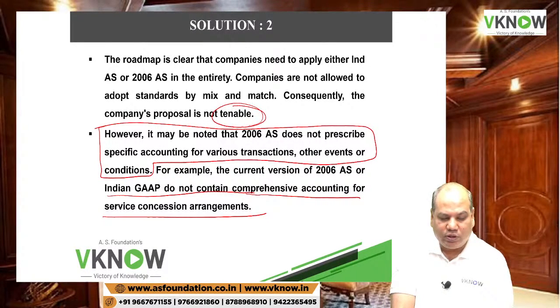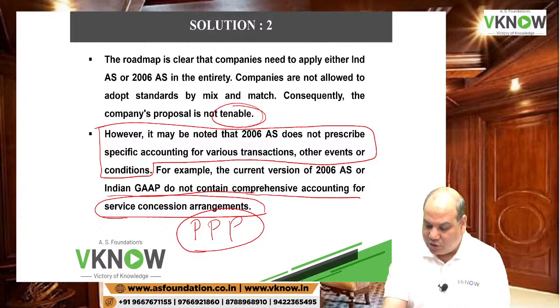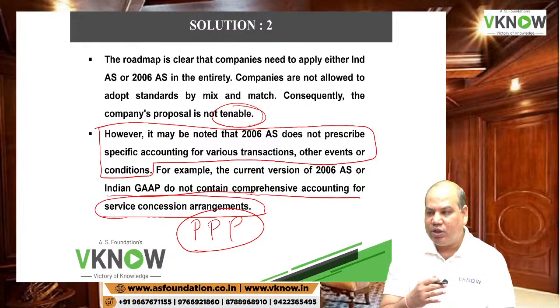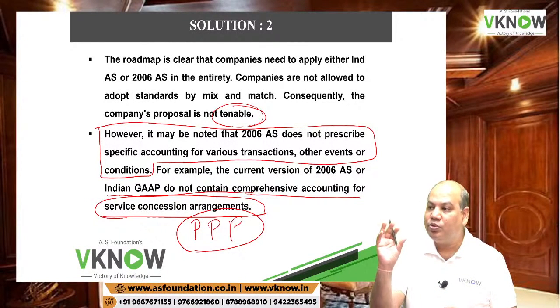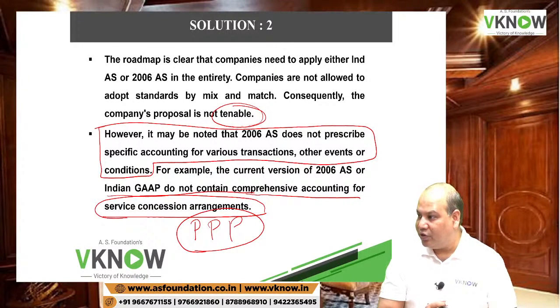Do you know what a service concession arrangement is? It is basically a public-private partnership for construction of infrastructure, where you construct a road, but the road does not belong to you. The road belongs to the government. Government gives you a right to collect toll for 20 years. That is called a service concession arrangement.